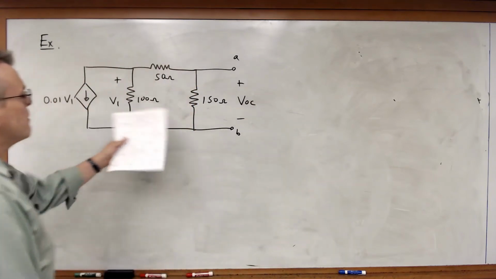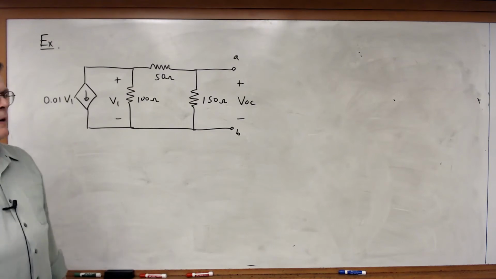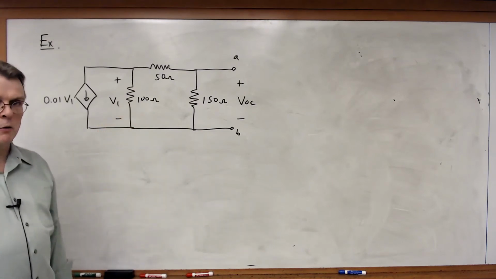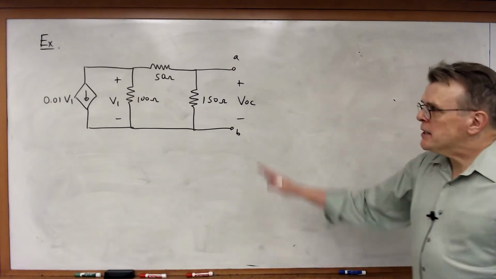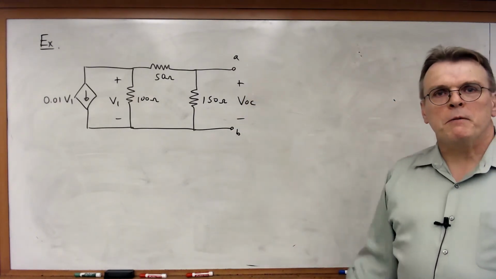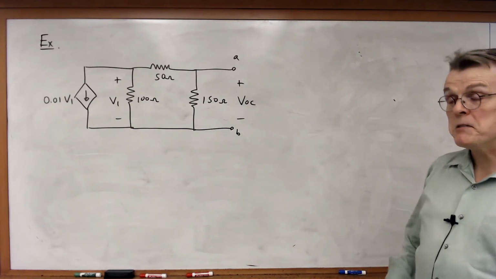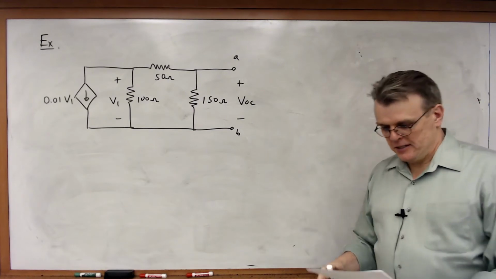Okay, so I'm going to find the Thevenin equivalent of this circuit, which means first I want to find the open circuit voltage so I can calculate and determine the Thevenin equivalent voltage VTH. Okay, now this is an interesting circuit because you note this circuit has no independent sources in it. That's interesting. Let us go ahead and let's solve this.